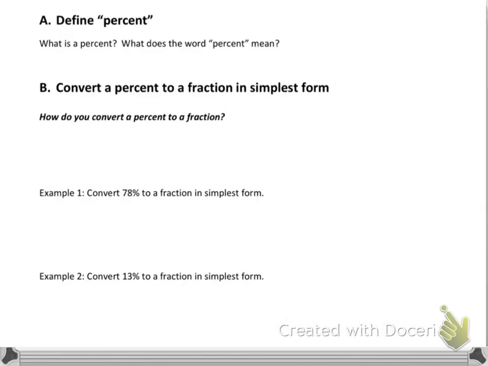So let's work on a few examples here. So let's start with example 1 here. It says convert 78% to a fraction in simplest form. So 78% is 78 over 100. Now, hopefully at this point, you're realizing that 78 is not a prime number.